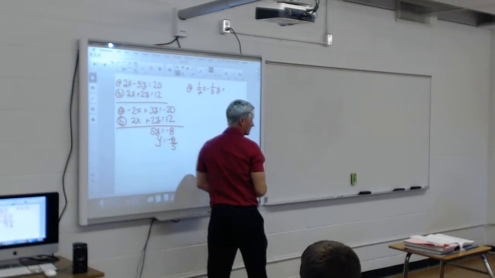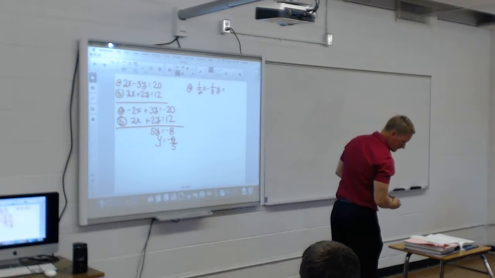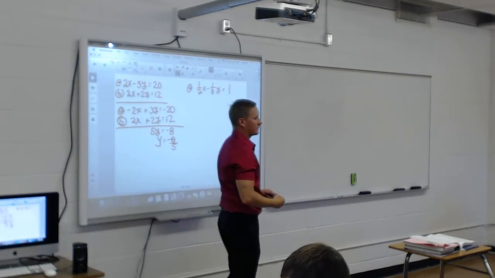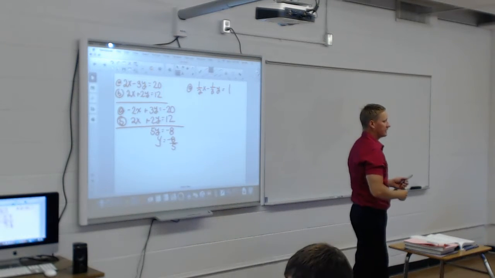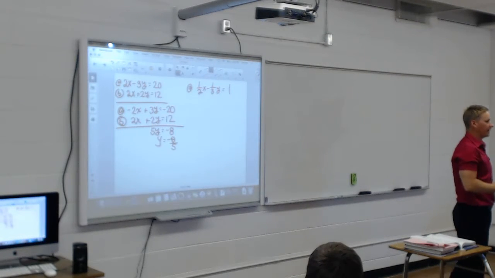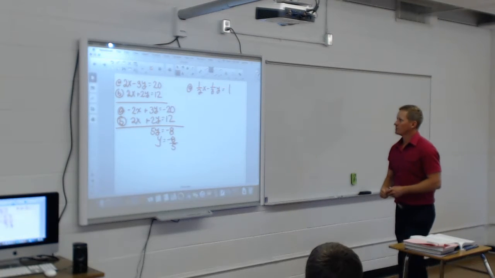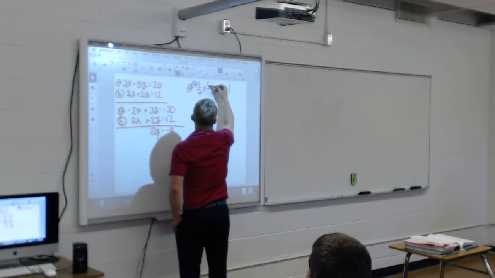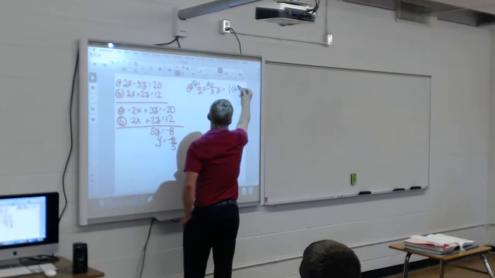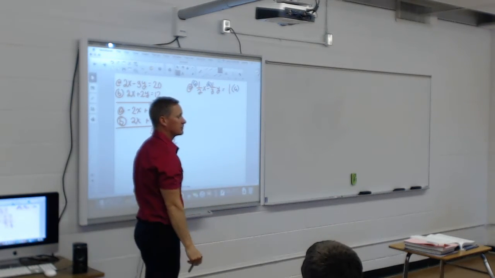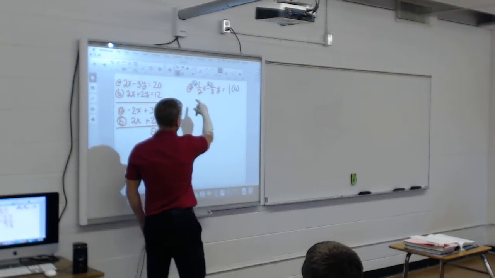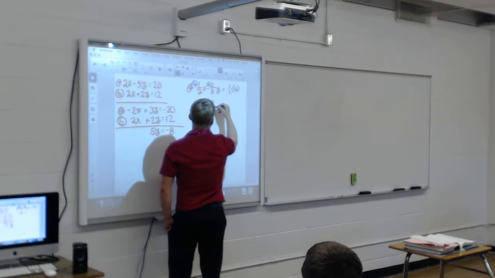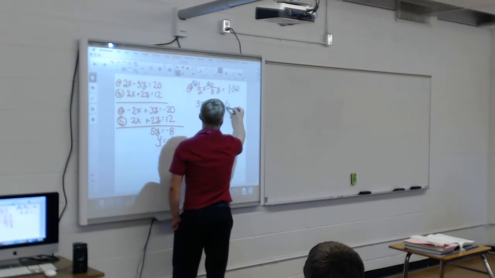What's it equal to? 1? Okay. Now, the easy way to do this is to multiply it by the lowest common denominator, which is 6. So I'm going to times this by 6, this by 6, and this by 6. Whatever I do to one, I have to do to all so that it doesn't change it. 6 times 1/2, 3x. 6 times 1/3, 2y equals 6.